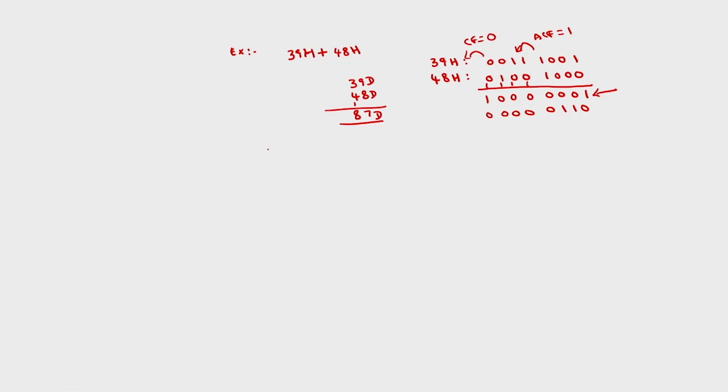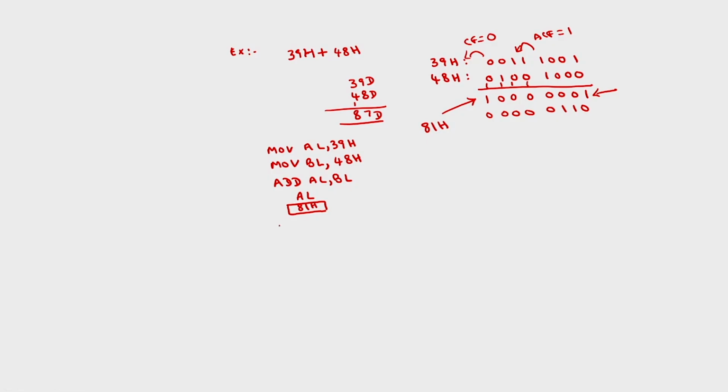So if I write the instructions like MOV AL, 39H, MOV BL, 48H, and then ADD AL, BL, the contents of AL will be the hexadecimal result, which is 81H.